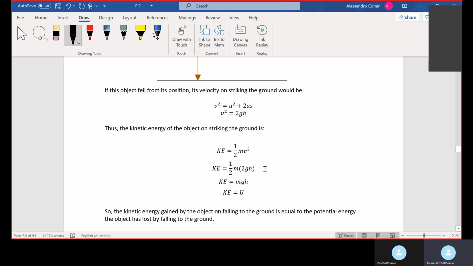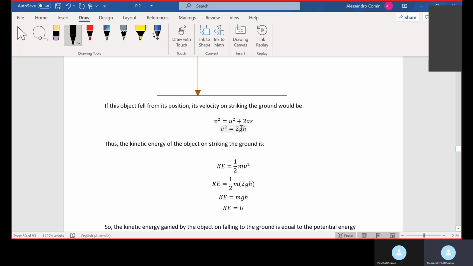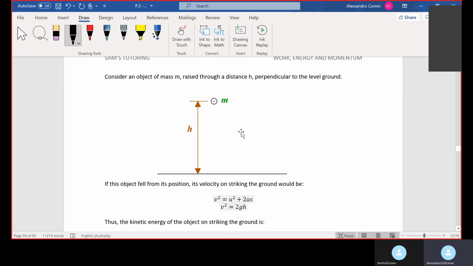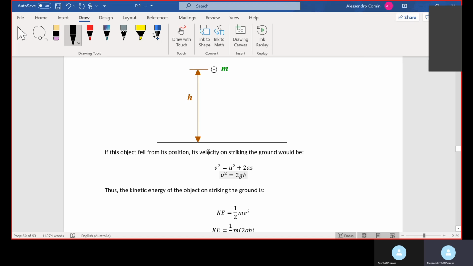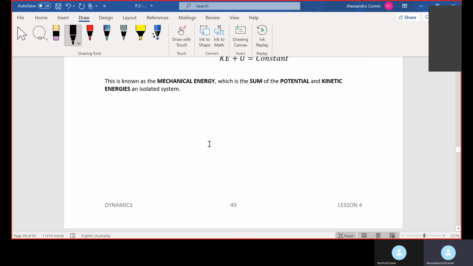So the kinetic energy gained by the object falling to the ground is equal to the potential energy the object has lost by falling, because remember, h is how far the object falls. So the initial potential energy is equal to the final kinetic energy. And that's very important when we start to do questions.